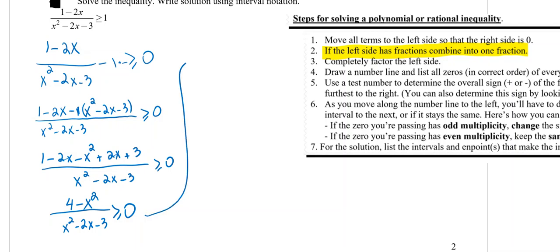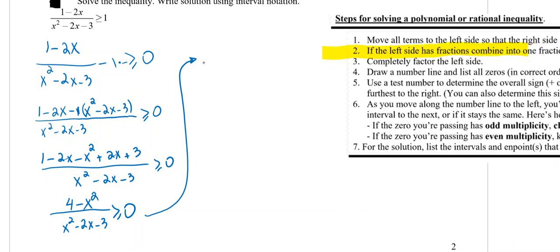Next, we are going to completely factor that left side. Factor the top, factor the bottom. So 4 minus x squared, difference of squares, I can write it as 2 minus x, 2 plus x. And x squared minus 2x minus 3 can be factored into x minus 3, x plus 1.